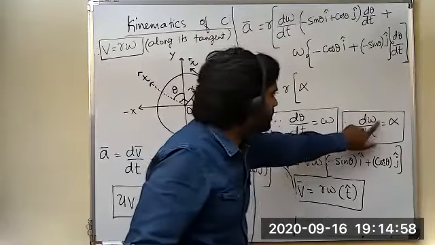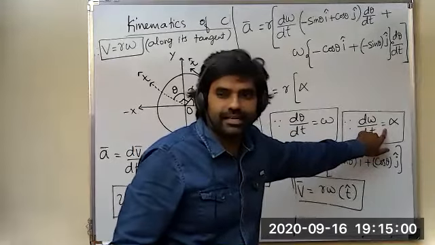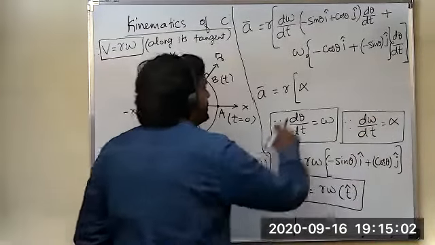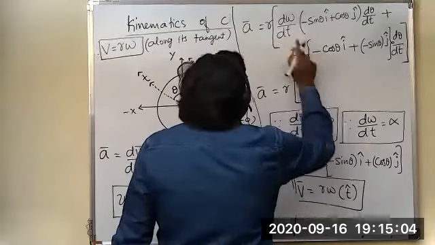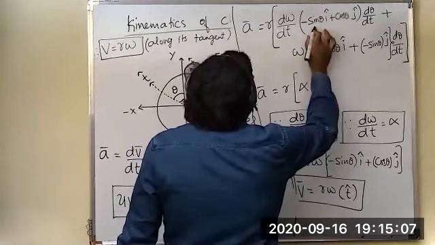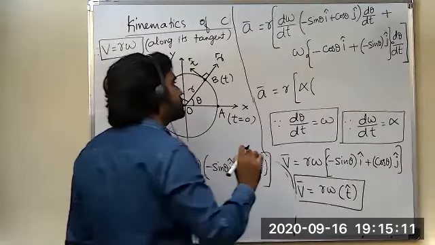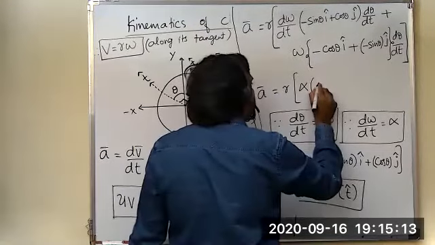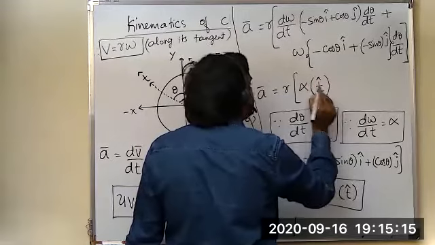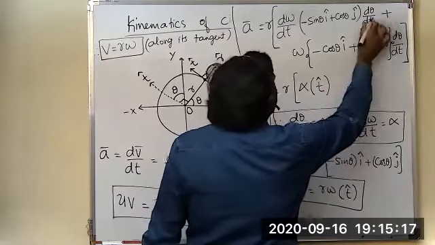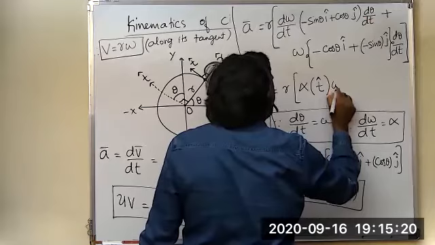Rate of change of angular velocity comes out to be angular acceleration. Next, alpha into minus sine theta i cap plus cos theta into j cap, which is what, students? Unit vector along the tangent. Like this you can write, into d theta by dt, this is going to be omega.